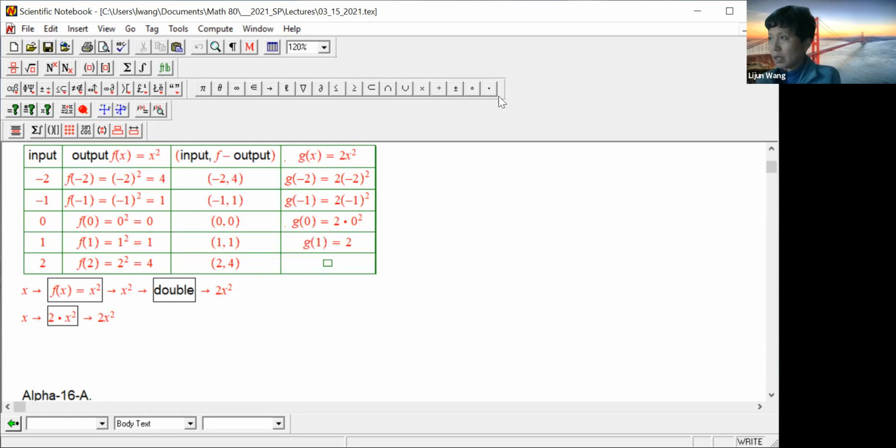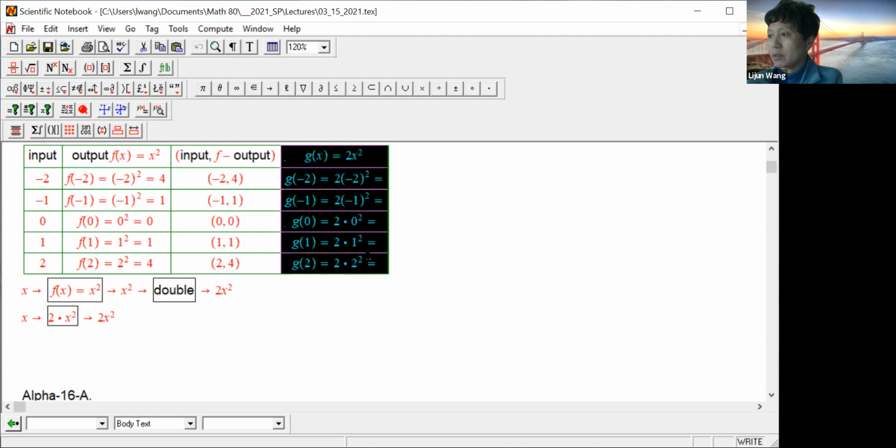So g of 1 is going to be 2 times 1 squared, and g of 2 is going to be 2 times 2 squared. Can you guys calculate those numbers?